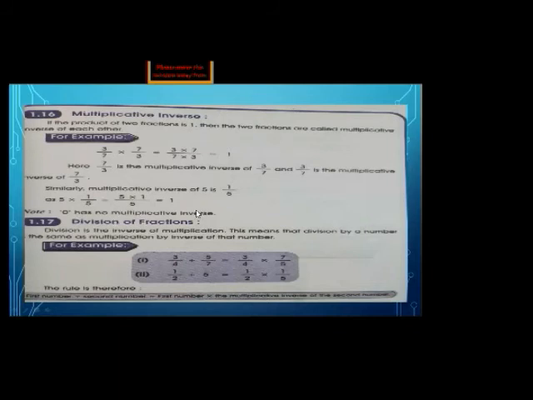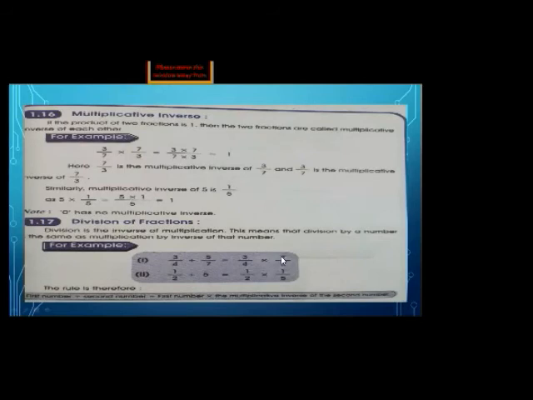We have discussed already. Now the division of fractions. Division is the inverse of multiplication. This means that division by a number is the same as multiplication by the inverse of that number. We take two examples. 3 upon 4 divided by 5 upon 7 is equal to 3 upon 4 the same, the divide sign will be converted into a multiply sign, and after putting the multiply sign, this fraction will be inverted.